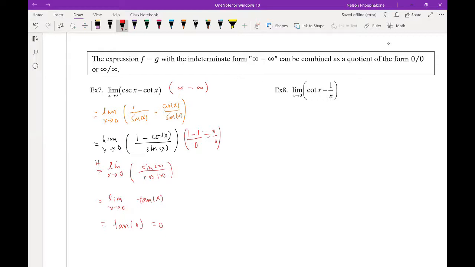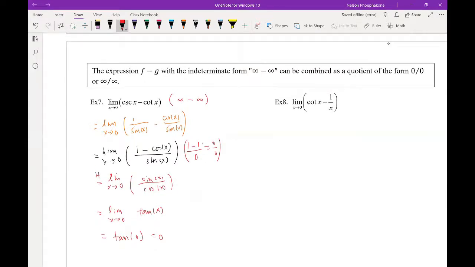Okay, so let's try number 8. So to this one, again, you will see that cotangent of 0 is infinity minus infinity. And of course, again, we could not apply the L'Hopital rule because the L'Hopital rule only works when you have a quotient.